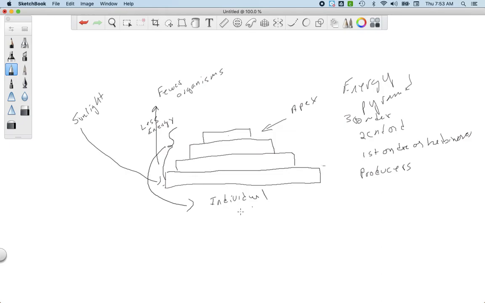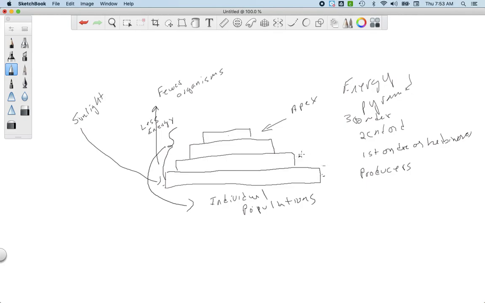Those individuals, groups of them, would make up populations. We have a population of Kentucky bluegrass at the producer level.